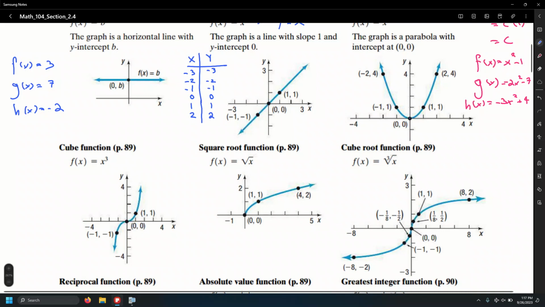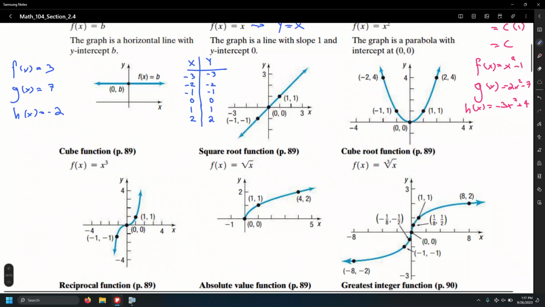Think about the symmetry of the two by looking at these two graphs, and tell me about their properties. What about the square function? What can you say about it? What did you notice about the square function?